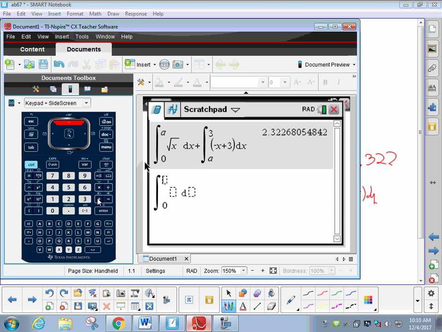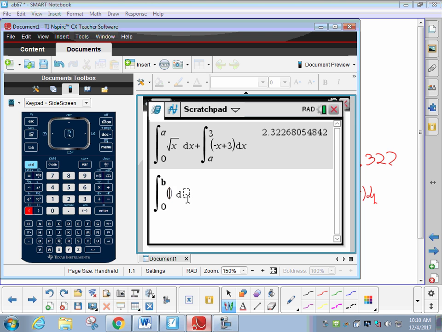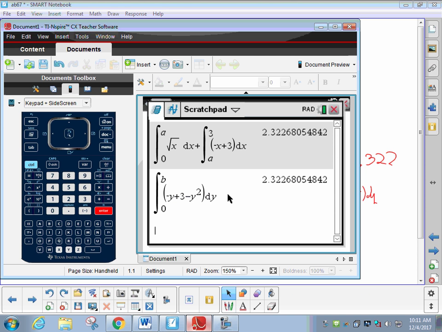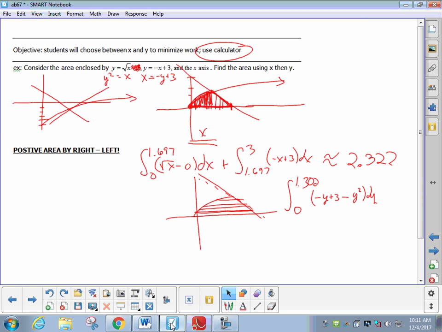The integral from 0 to b of negative y plus 3 minus y squared dy. And certainly when you find the same region either way, the answer should come out the same. The idea being that one approach is easier than the other, so make it right.